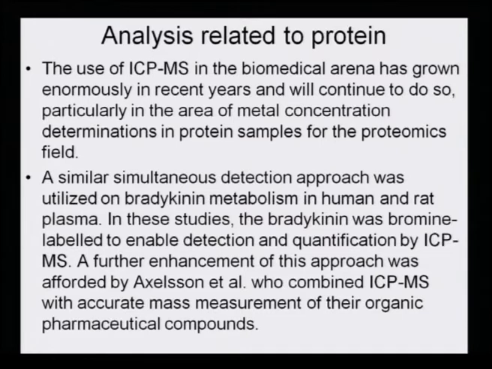A further enhancement of this approach was afforded by Axelson et al., who combined ICP-MS with accurate mass measurement of organic pharmaceutical compounds. So, it was possible to do that with the help of ICP-MS, and such complicated biological systems having such complicated proteins and the metal being embedded in them, all could be done very efficiently and precisely.